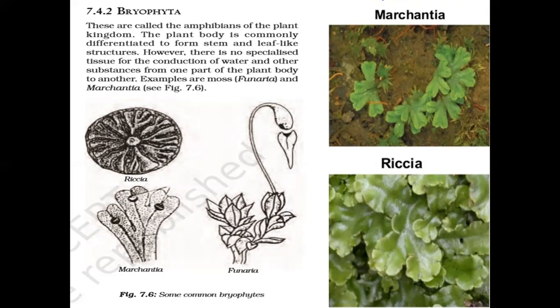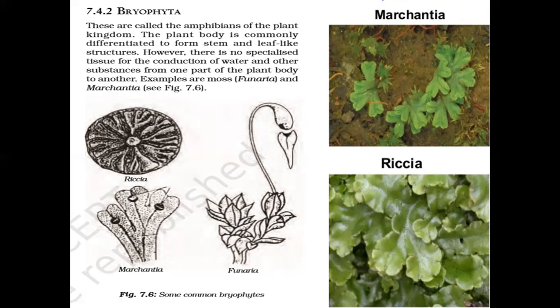The examples given are moss, Funaria and Marchantia. These are some colored pictures of Marchantia, and this is Riccia, how it appears. So this was the second subgroup, that is Bryophyta.